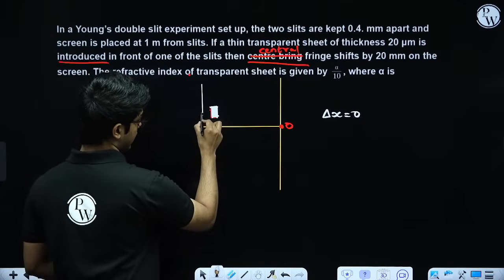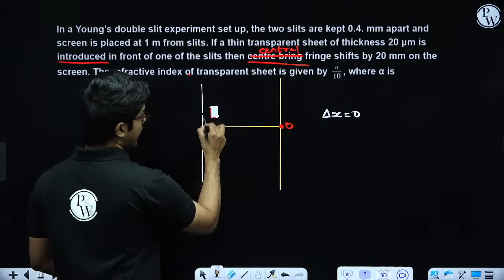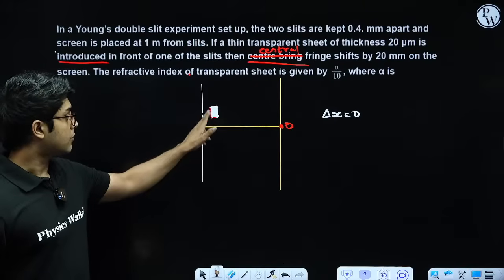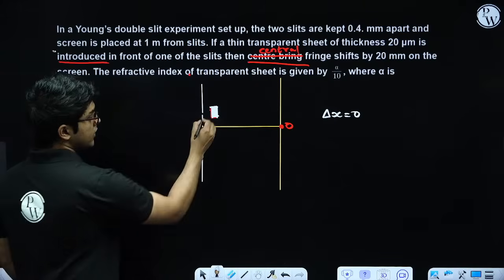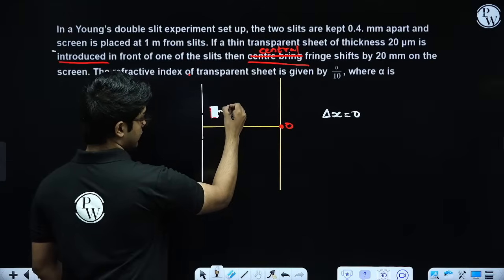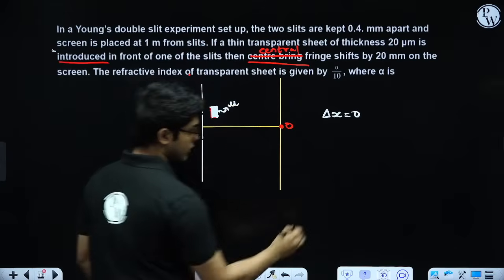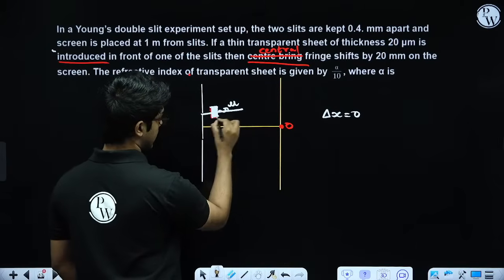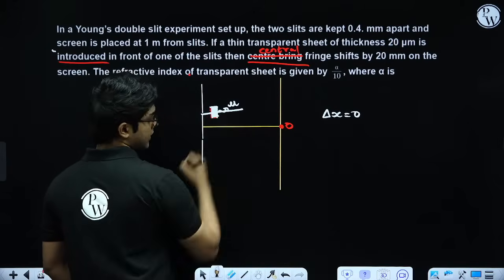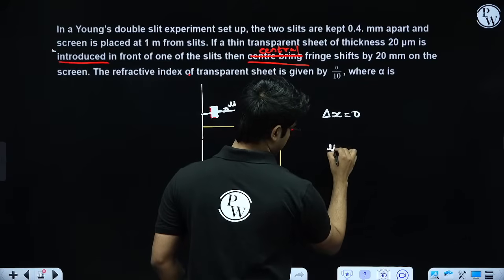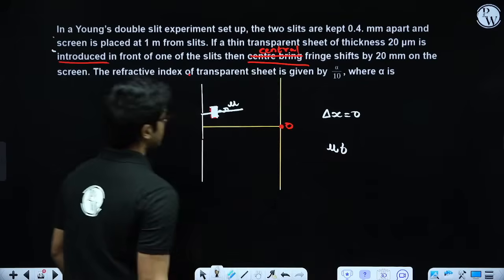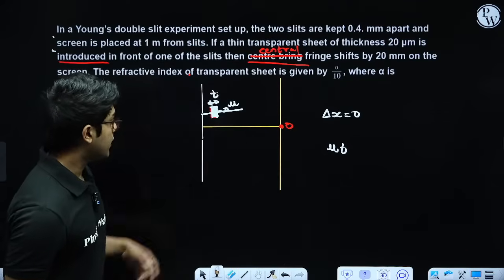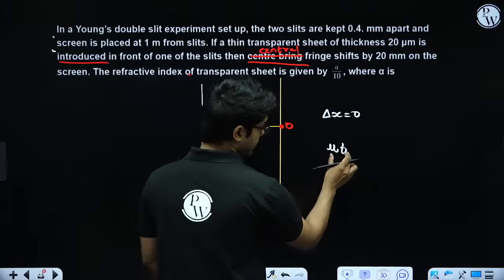This light wave coming from this particular slit travels a slightly extra distance because of this glass slab, because the refractive index of this glass slab is mu, and we know that the optical path length traveled by light through this glass slab will be mu t if the thickness of the glass slab is t. But if there was no glass slab, this would have been simply t.